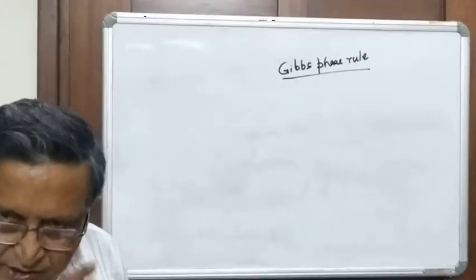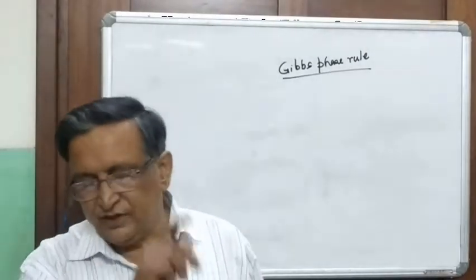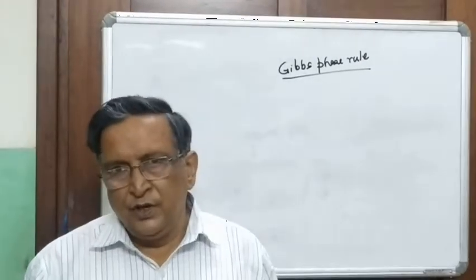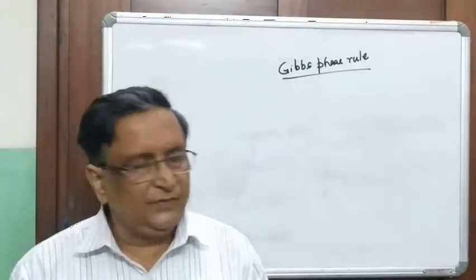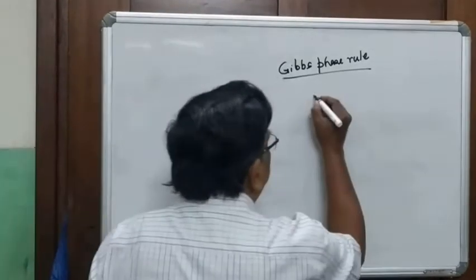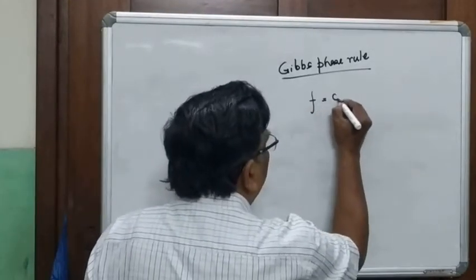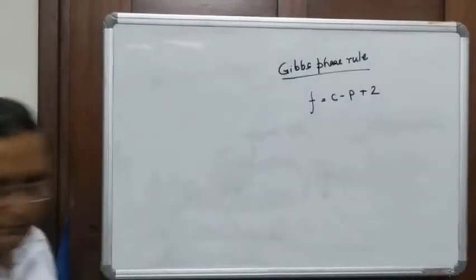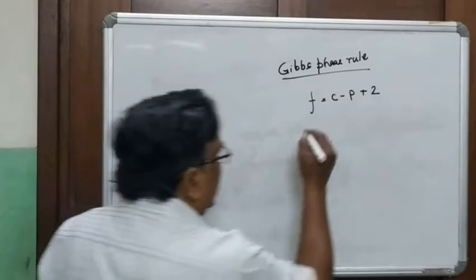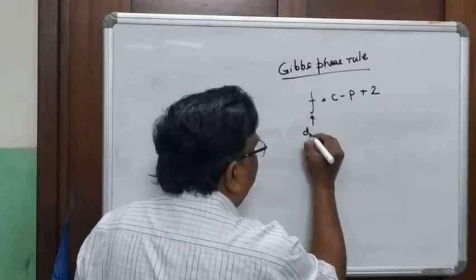I have already sent you the derivation. I think you have read it. It is famously given by the formula F is equal to C minus P plus 2. This is called the degree of freedom.